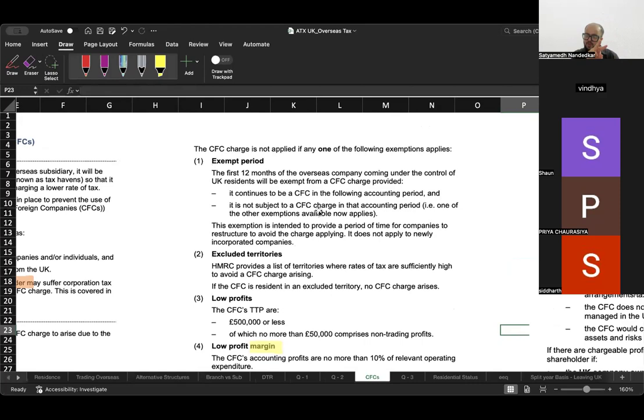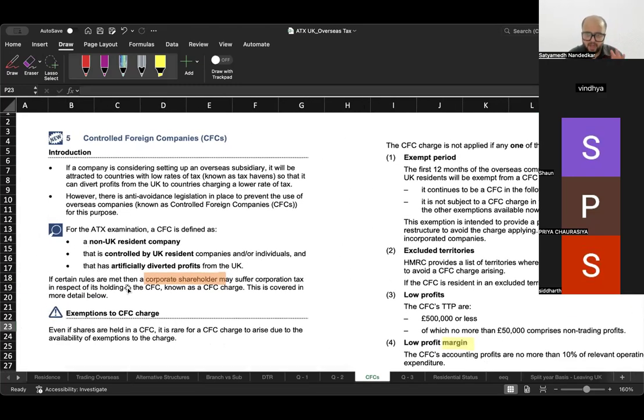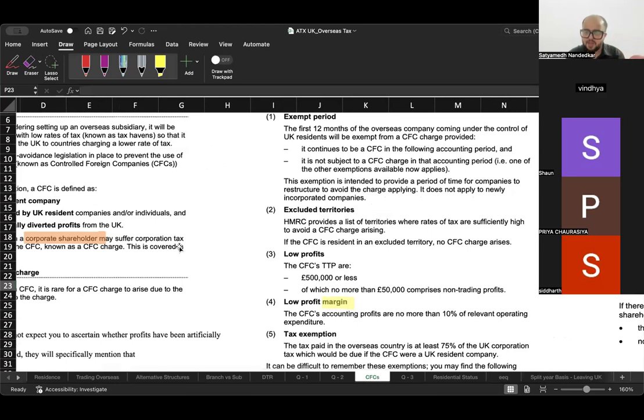The first 12 months after them acquiring control, if the company continues to be a CFC in the following accounting period and it is not subject to a CFC charge in that period, meaning in the second year the company is a CFC, that is conditions 1, 2, 3 are fulfilled, and the CFC charge is not applicable by virtue of any of these 4 clauses, then the first 12 months will be considered as exempt period, and even then you will not have to bear any CFC charge.